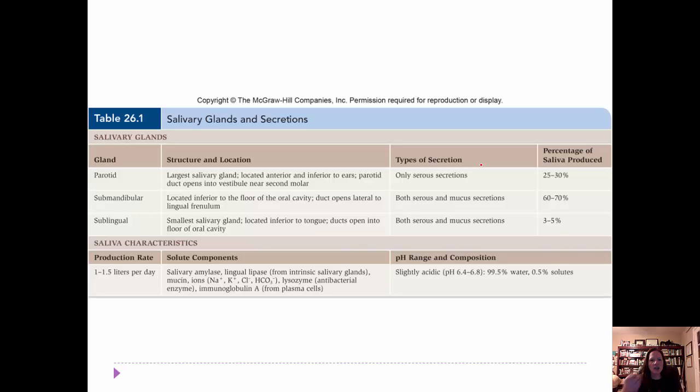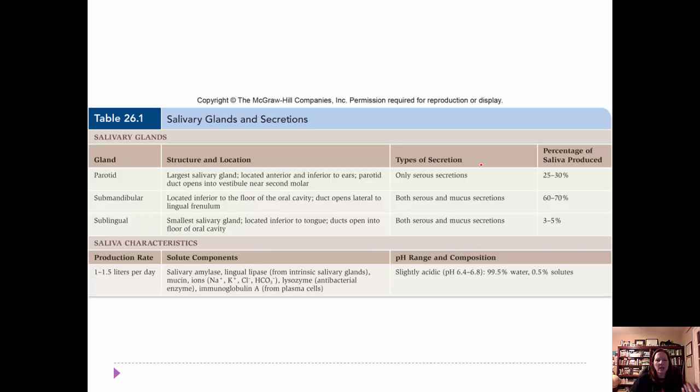If we take a look at another thing about saliva characteristics, what's found in here, of course, we're going to have ions, but we're also going to have something called lingual lipase. This tells you where it's secreted from: not from the tongue, but from some salivary glands around the tongue.